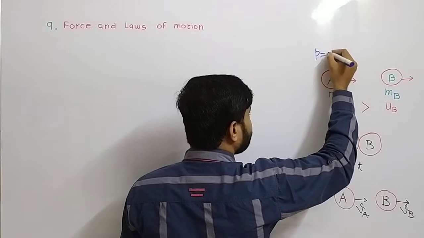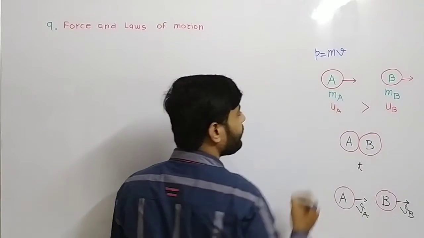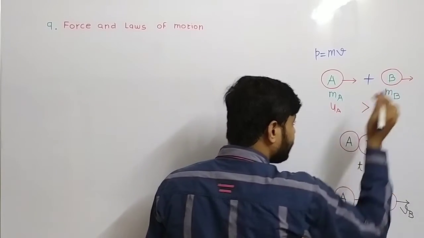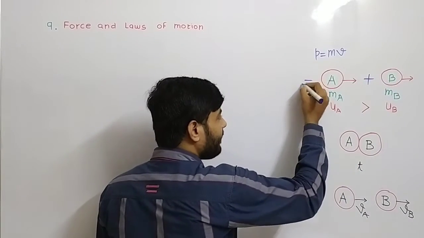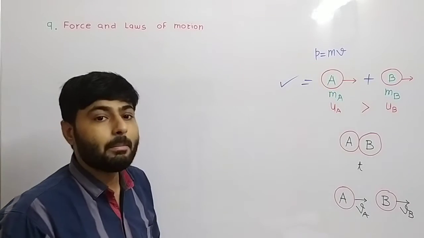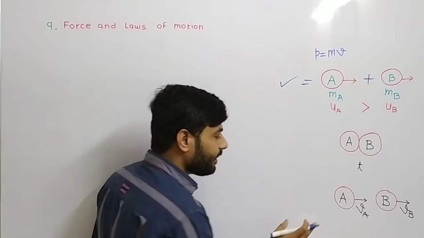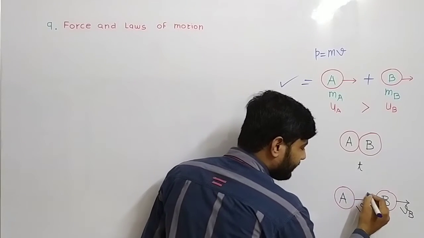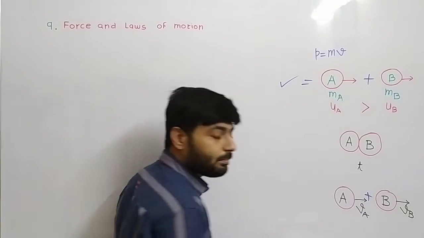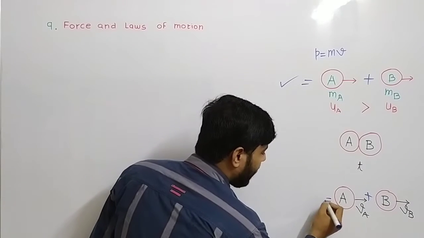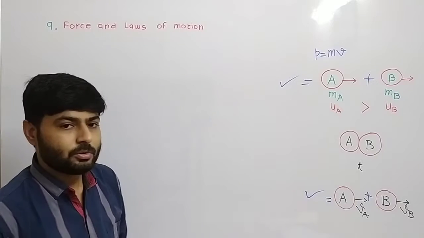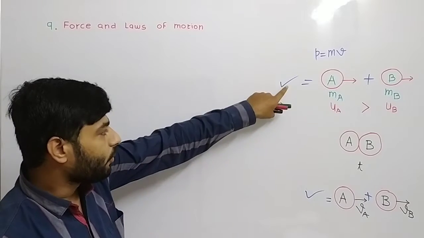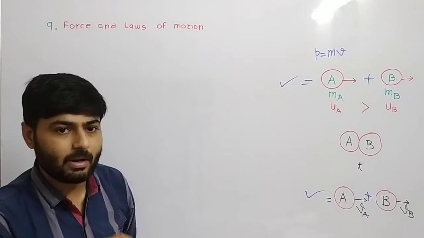Momentum P is equal to M into V. So momentum of this plus momentum of this, I get some value, that is before collision, and after collision I have some value of momentum here plus momentum of this ball B. So total I have some value. So the conservation of momentum says that both values will be equal.